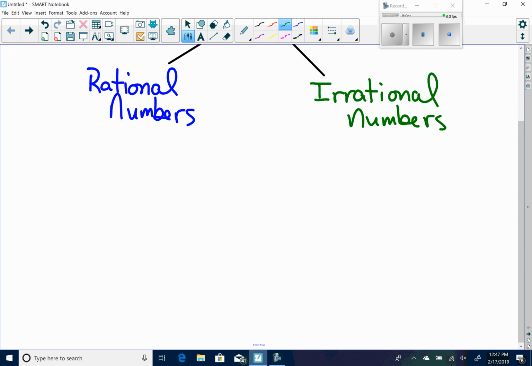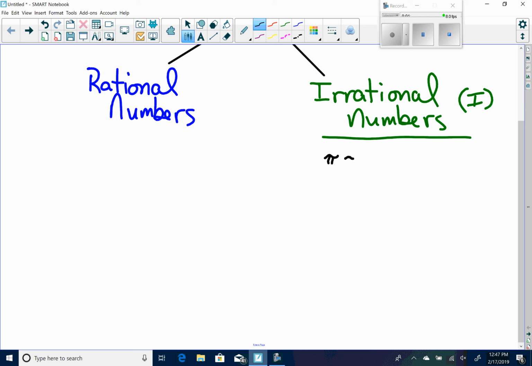I want to first talk about irrational numbers. For right now, I'm just going to use a capital I for them. And you'll see why when we start to talk about some other initials to represent different numbers here. But irrational numbers, the most common is pi.